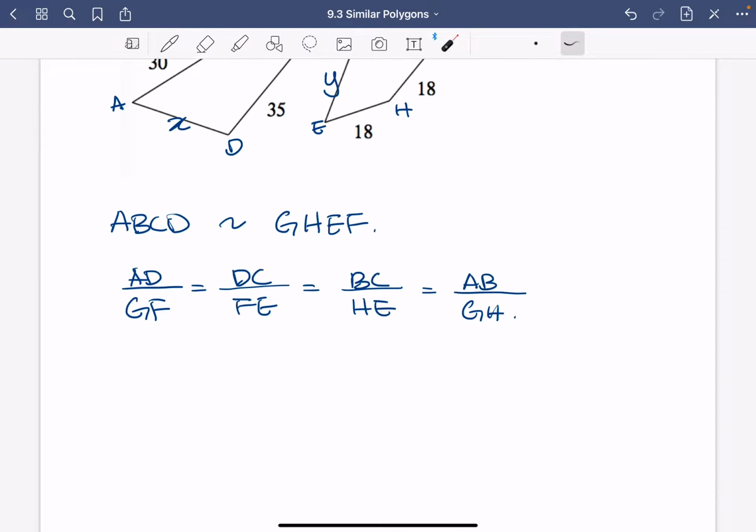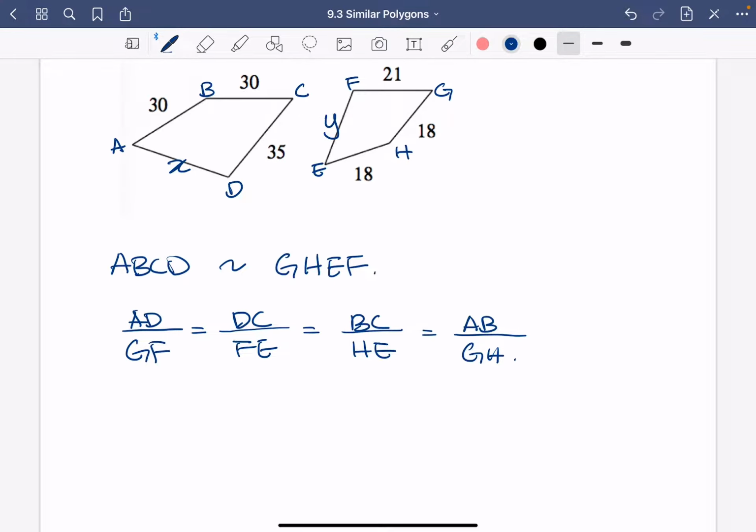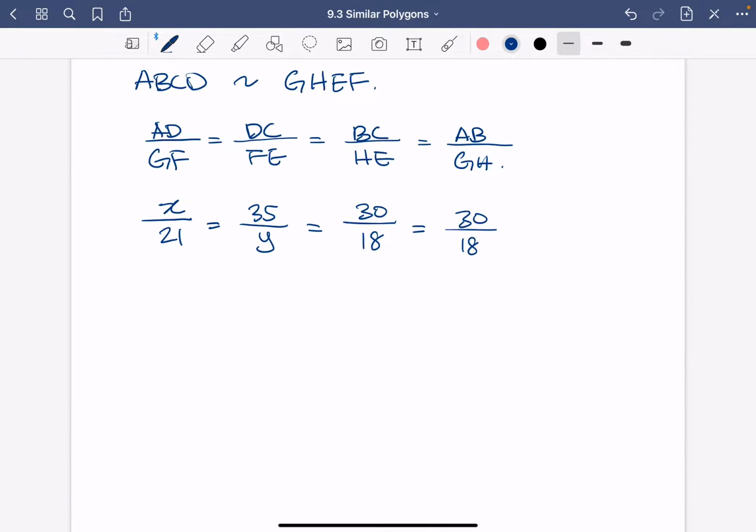Okay, so let's put down what we know. We know AD is x. We know GF is 21. We know DC is 35 and FE is y. We know BC is 30 and HE is 18. We know AB is 30 and GH is 18 as well.